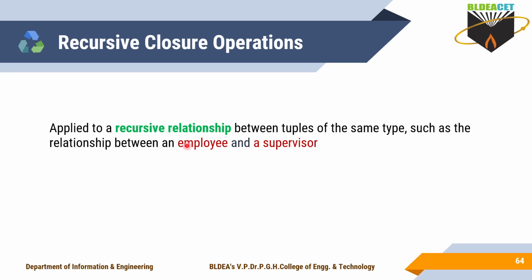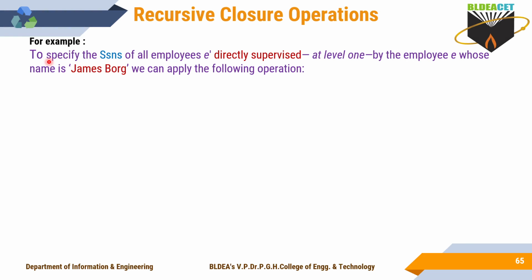Here you are relating the employee table twice. Such a type of relationship we call a recursive relationship. So if you apply any operation to those recursive relationships, those operations we call recursive closure operations.